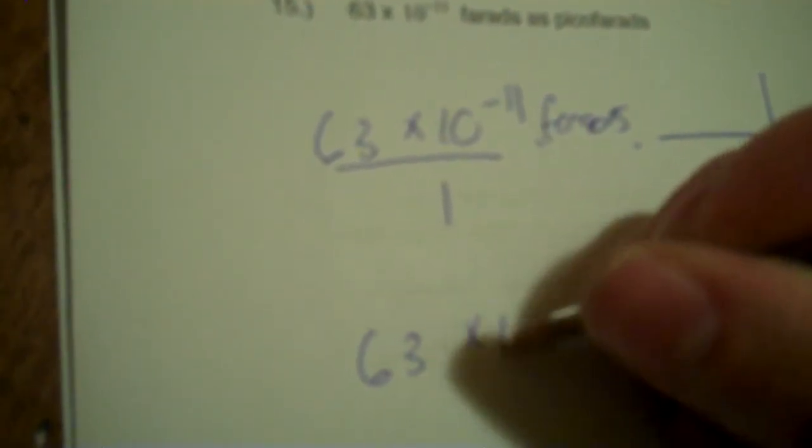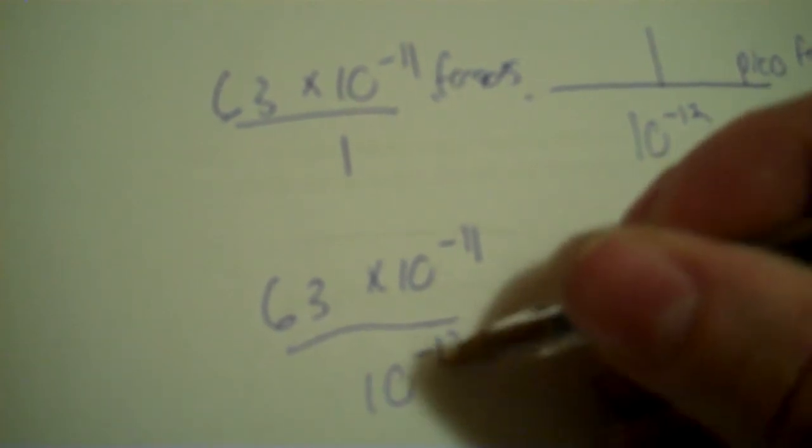Okay, so again, look up pico, 10 to the negative 12. It goes with the unit without the prefix, which is this one right there. So that 10 to the negative 12th goes here with 1 above it. So the top is going to be 63 times 10 to the negative 11th over 10 to the negative 12th.